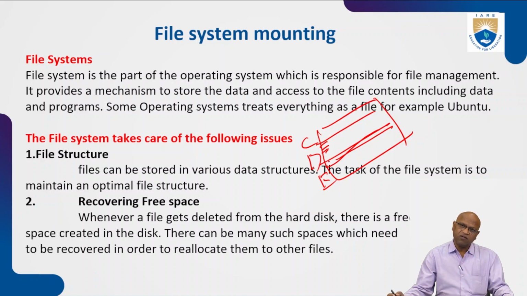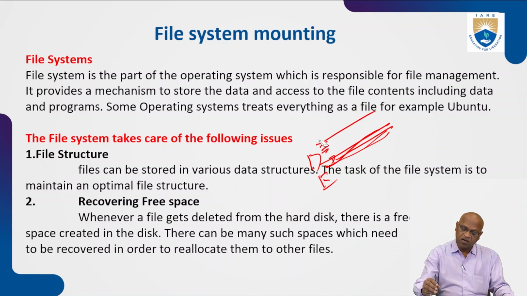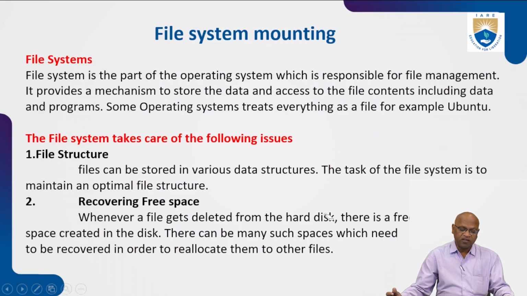Just below the D drive, on the hard disk itself, some place is allotted, and that is the directory for the D drive. We will see in the coming classes how this is saved in the hard disk. The file system takes care of the following issues.